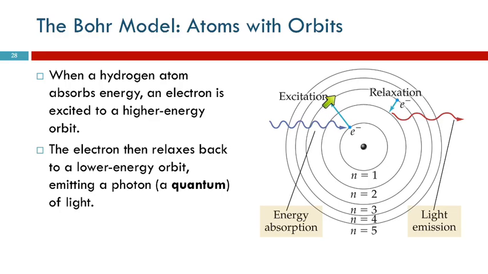It's not going to be stable up there. It'll be up there for a bit, and then it will relax down to a lower level. It could relax all the way back to the first level, or it could relax to the second level, anything below. But it cannot be in between. When it relaxes, that energy comes back out in the form of light.